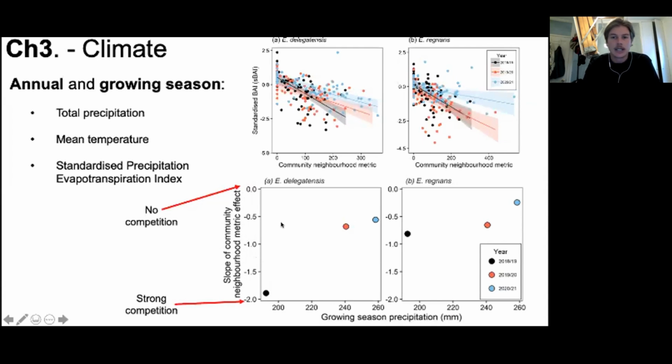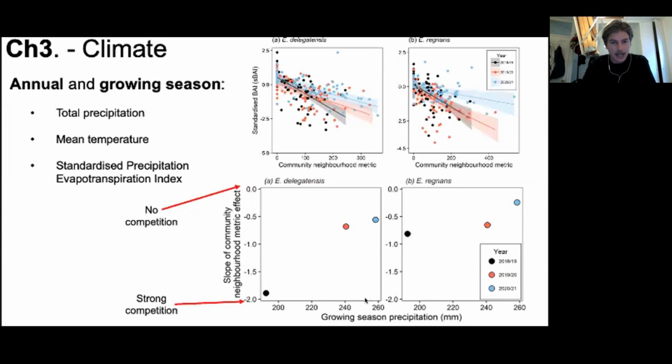And you can see here that as the amount of growing season precipitation increases, the strength of the competitive effect decreases, and this holds true in both eucalypts. So this really suggests that neighbour interactions for growth are strongly dominated by competition for water in this system. And when water is more limiting, the competitive effect of neighbours is stronger.